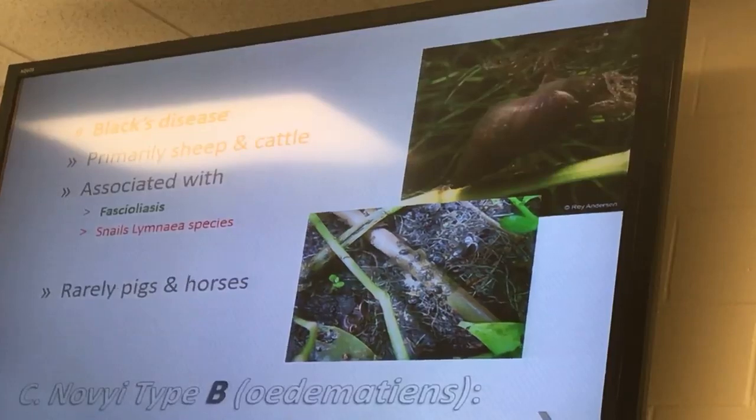And as they migrate out of the GI tract into the liver, they'll most likely go through the intestinal wall. I'll leave it at that, we'll keep it simple.